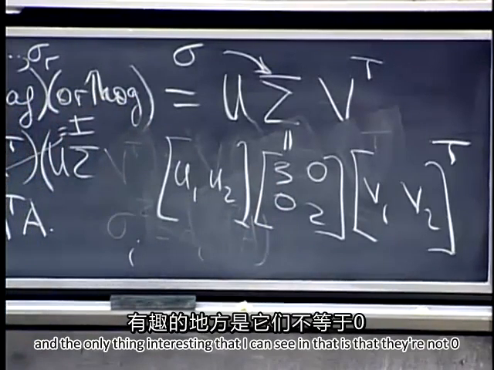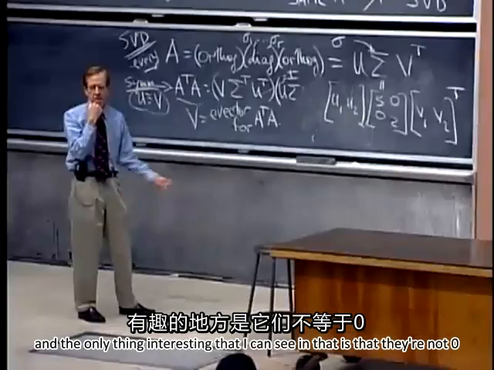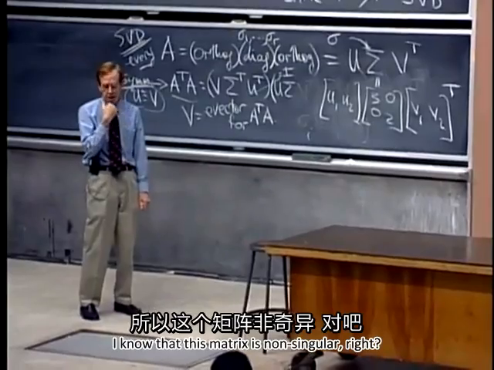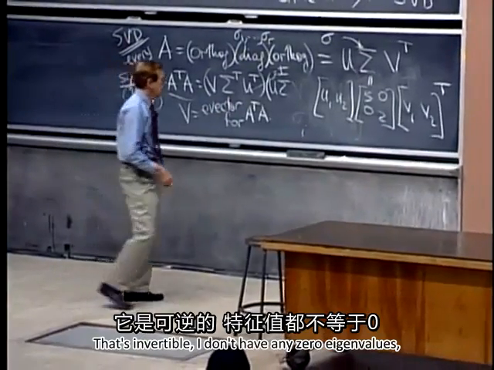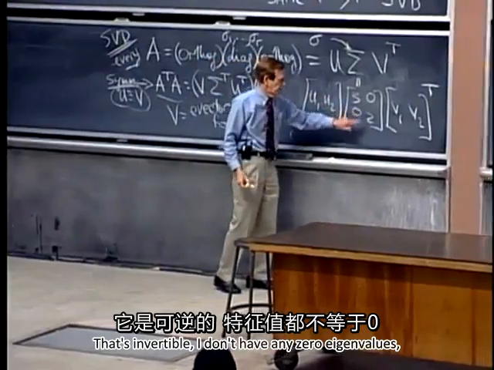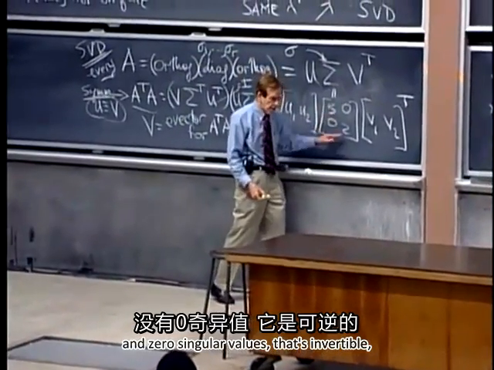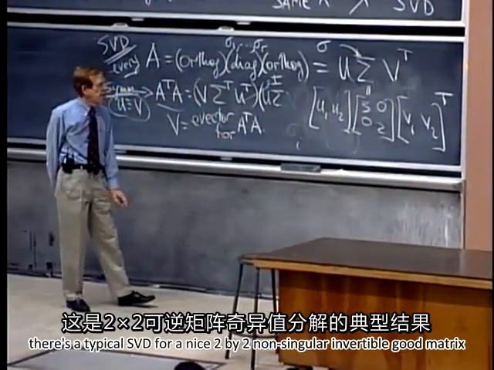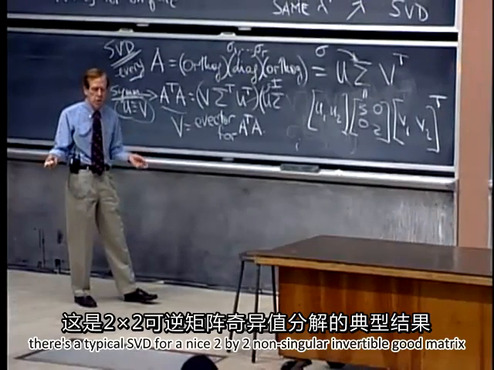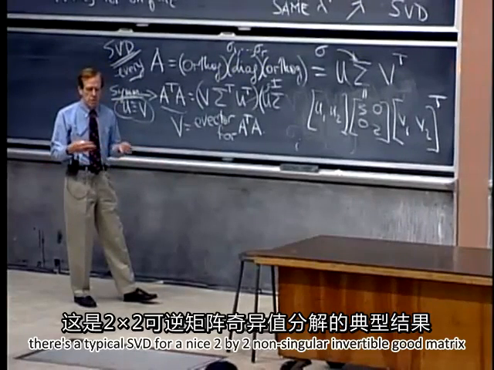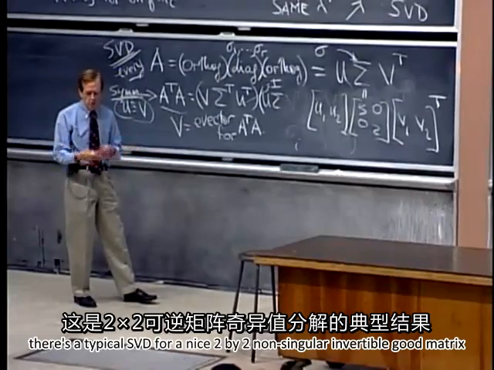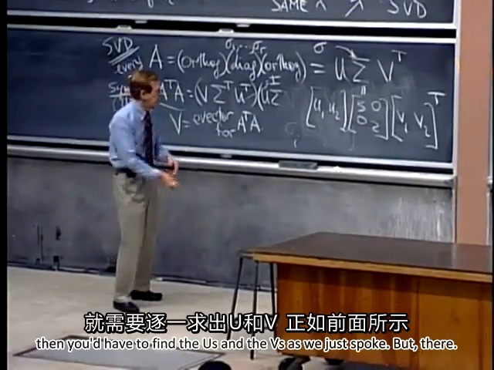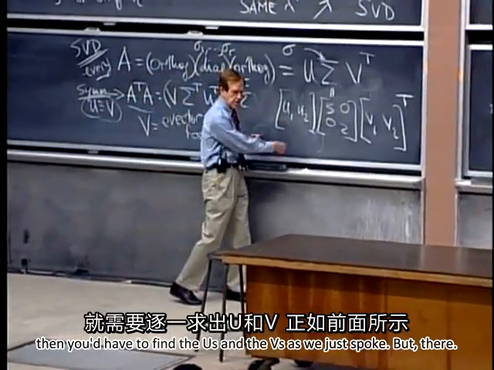And the only thing interesting that I can see in that is that they're not 0. I know that this matrix is non-singular, right? That's invertible. I don't have any 0 eigenvalues, any 0 singular values. That's invertible. There's a typical SVD for a nice 2 by 2, non-singular, invertible, good matrix. If I actually gave you a matrix, then you'd have to find the U's and the V's as we just spoke.